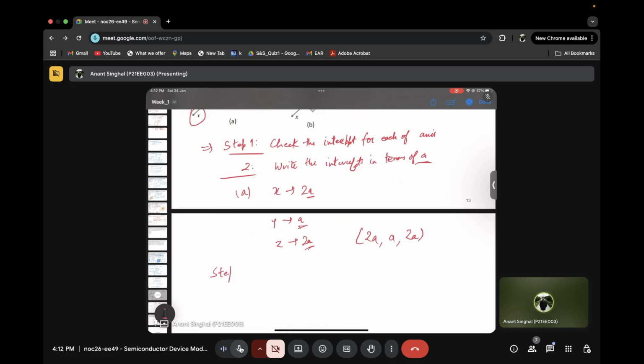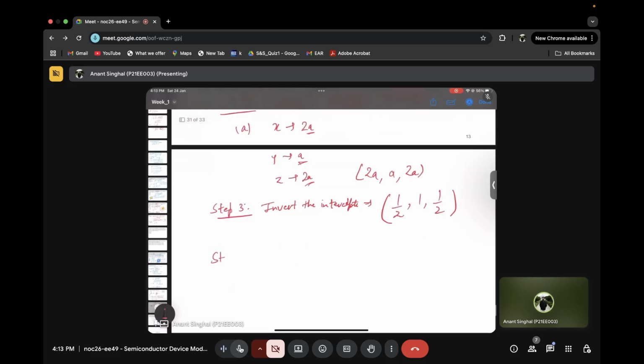Now step 3 is to invert the intercepts, or take the reciprocal. So this will become 1 by 2, 1 by 1, that means 1, and 1 by 2.